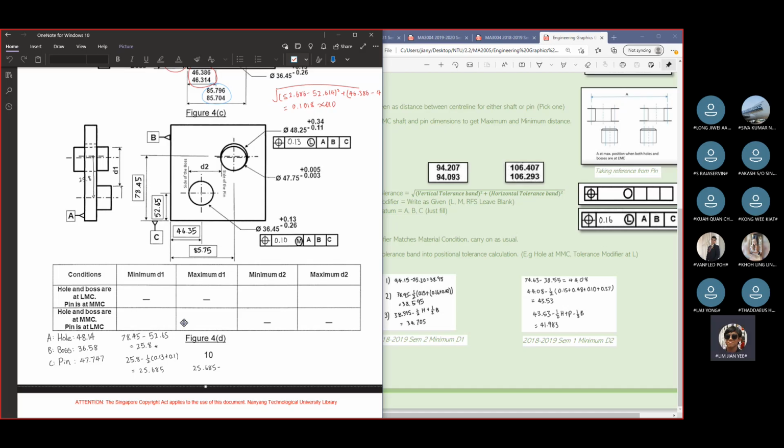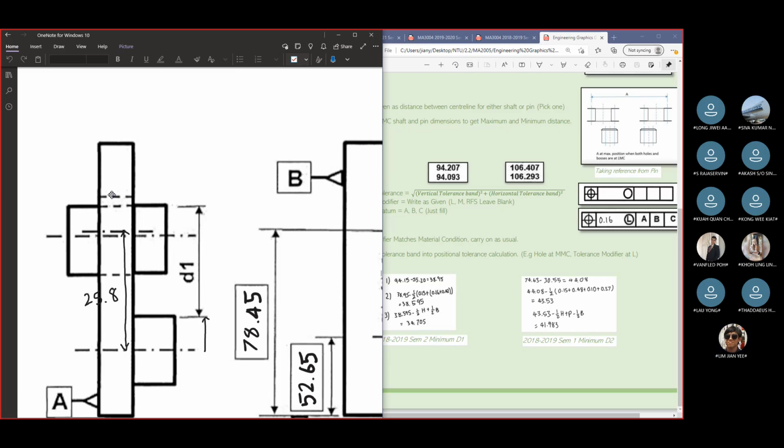What a lot of people don't get is you can't just move from here to here, because this doesn't have any value. Let me draw it. This is the center point of the hole. This is the top of the pin. You don't have a dimension for that, so you'll have to go the long way around.